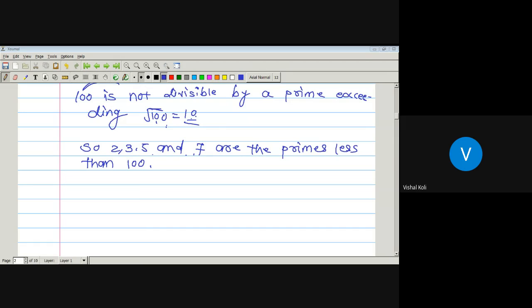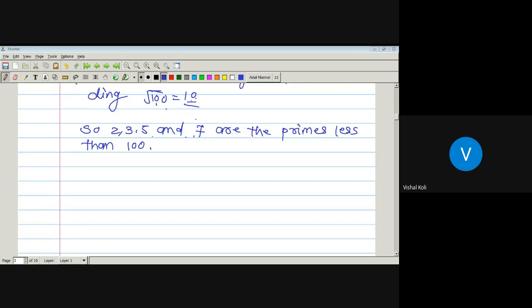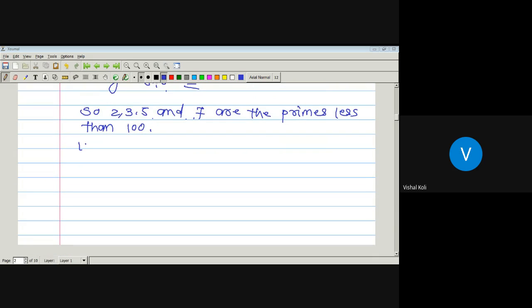So first we will find out the integers between 1 to 100 that are divisible by 2, 3, 5 and 7. Let Pi, where i runs from 1 to 4, since here there are 4 numbers, that is 2, 3, 5 and 7, and we have to find out the integers which are divisible by 2, by 3, by 5 and by 7 separately.